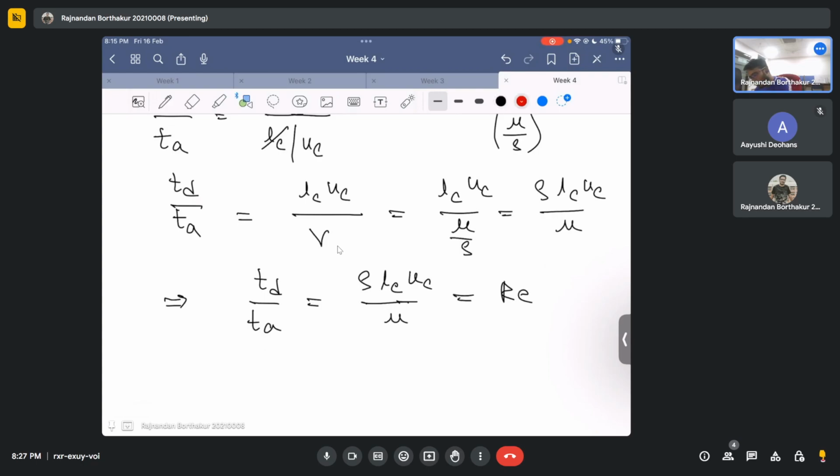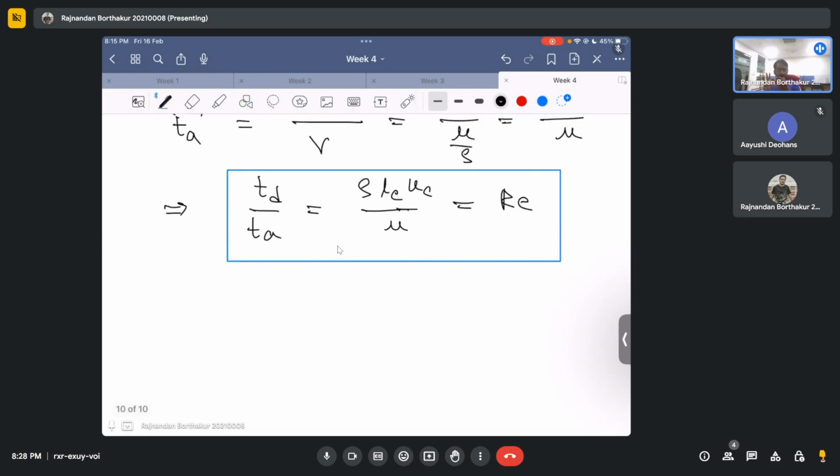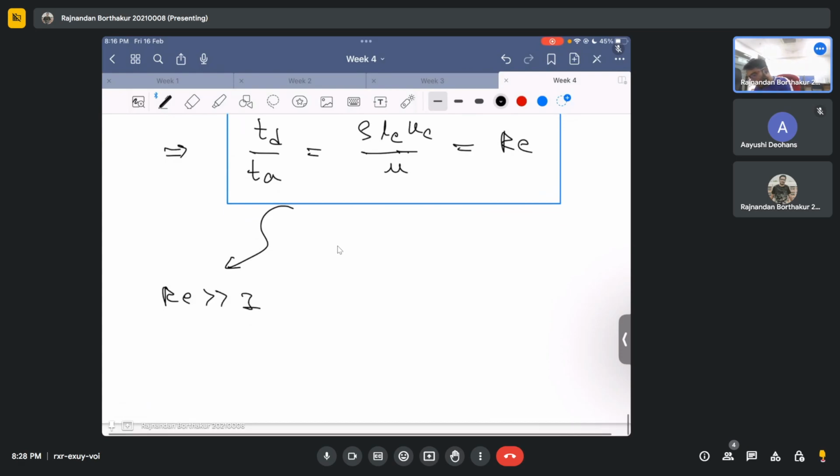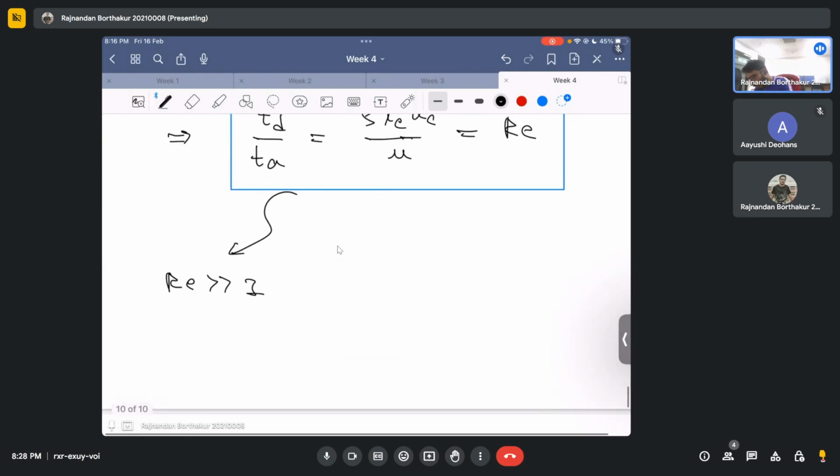I said that if the Reynolds number is high, we will choose the advection time scale. But let's see this systematically. If the Reynolds number is very high, this means that TD by TA is very much greater than 1, so the diffusion time scale would be very much greater than the advection time scale.